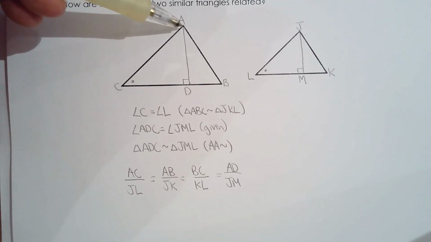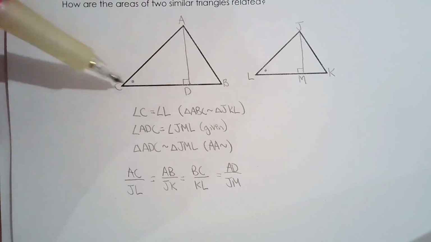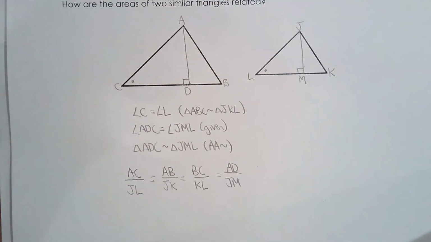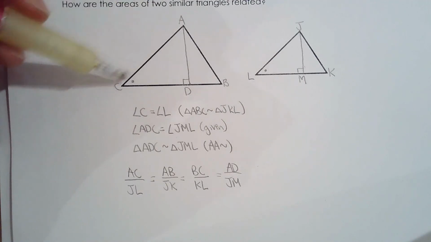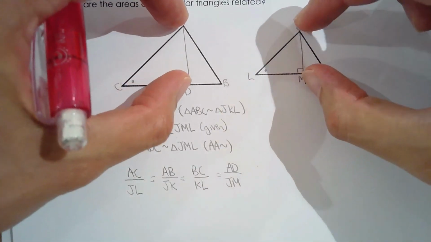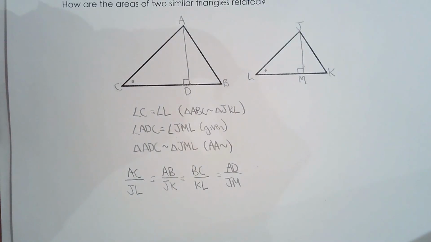Because once I've proven that triangle ADC is similar to triangle JML, I've concluded what I just said. Okay, the scale factor not only affects the sides, but it also affects the heights of the triangle. Okay, so hopefully now you can see the relationship between the area of similar triangles.